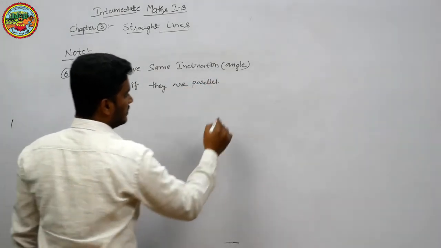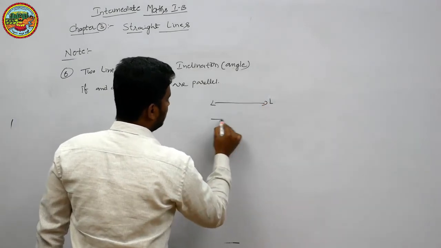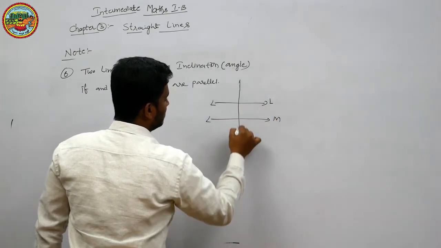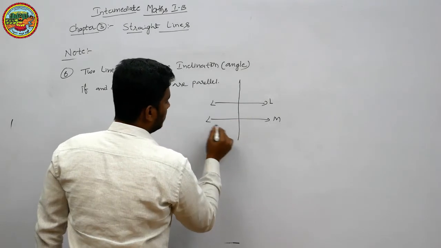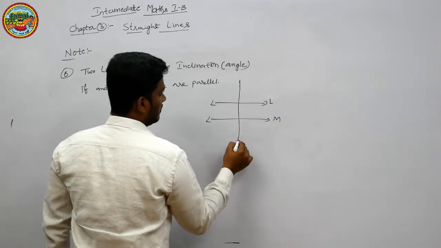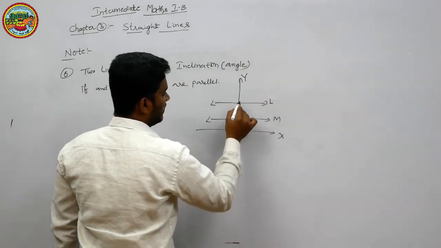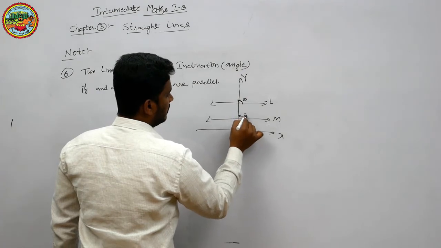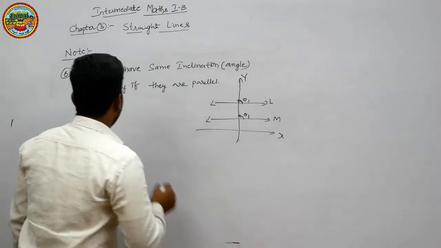That means this is one line L, say, and this is another line M, say. This is the x-axis and this is the y-axis. They make angles theta 1 and theta 2.